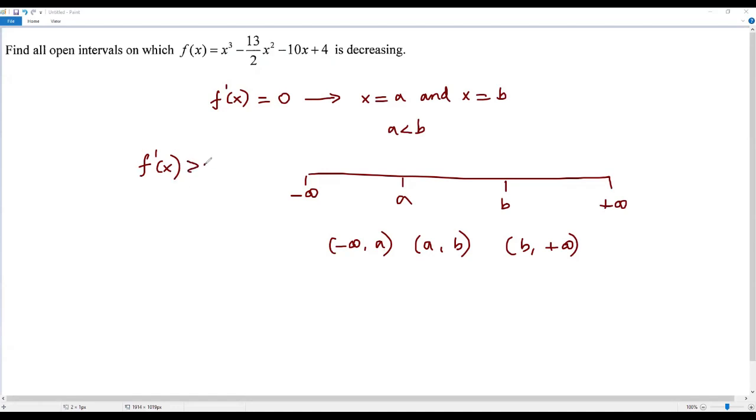If the first derivative becomes positive, that is greater than 0, then the graph of the function is increasing in that interval because the slope is positive. If it becomes negative, that is less than 0, then the graph of the function is decreasing because the slope is negative. This is the concept of finding increasing or decreasing intervals for a function.